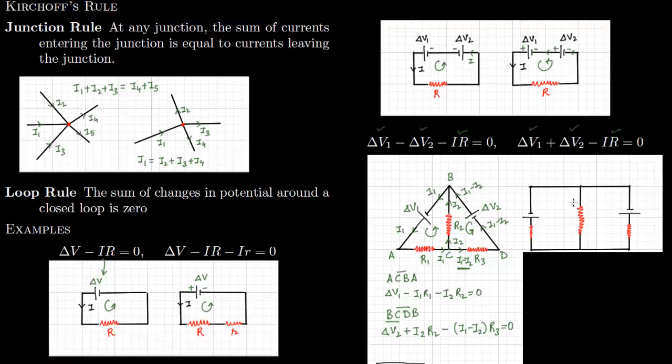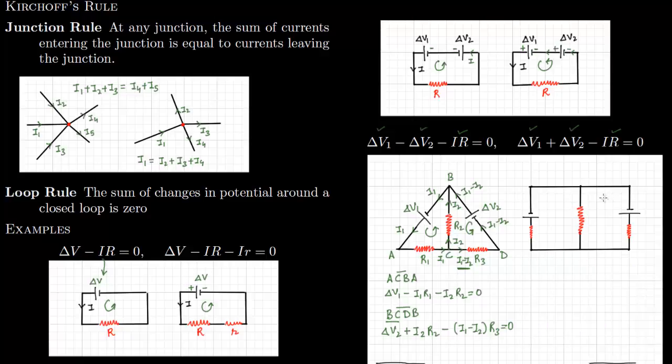Similarly, we will have same thing here. So first of all, we label the triangle. So you have delta V1 here, say delta V2 here, and we have resistance R1, R2, R3. So first we will use junction rule to allocate the current. The current is coming out from the positive side of the battery.